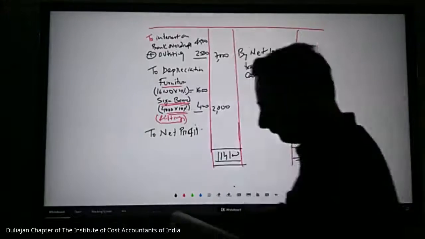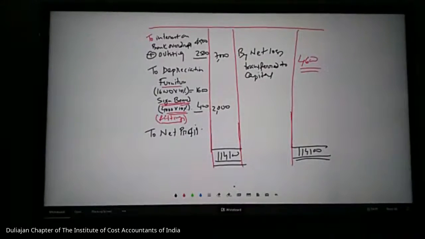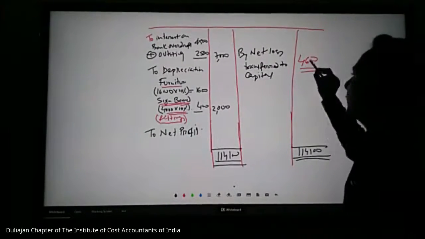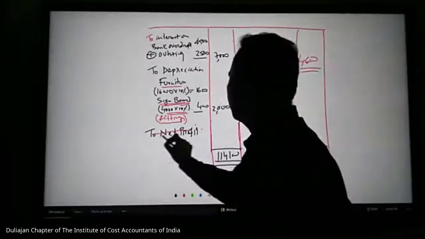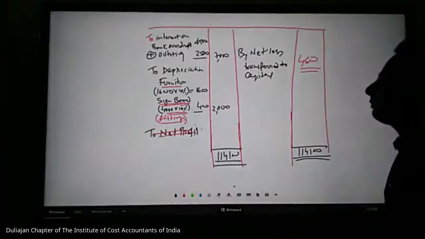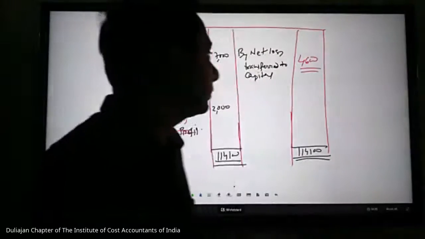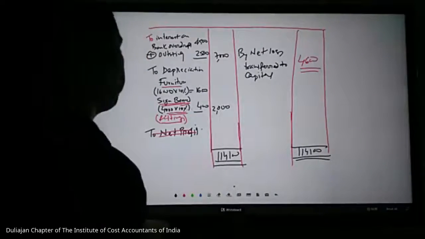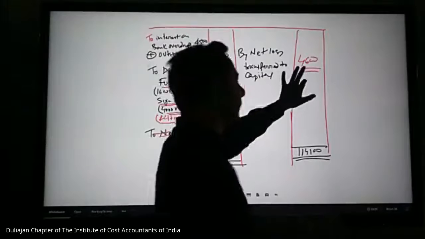Net loss is 4,600. Any doubt? Net loss is 4,600.